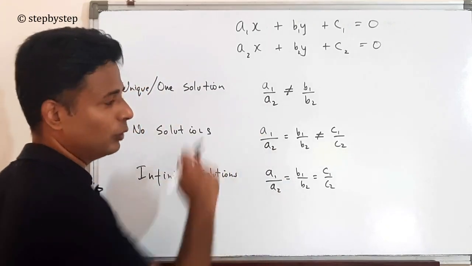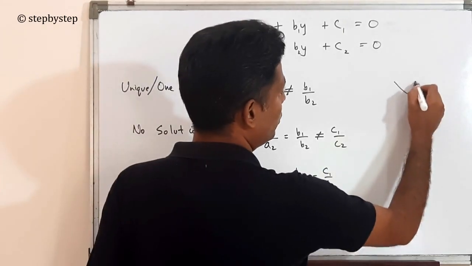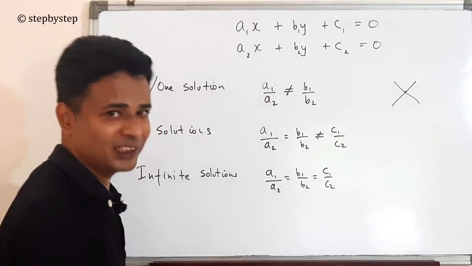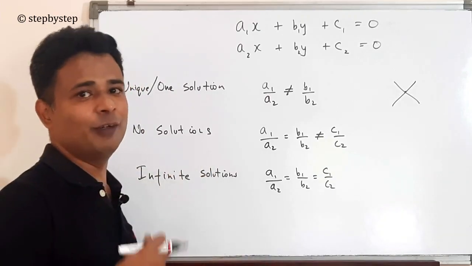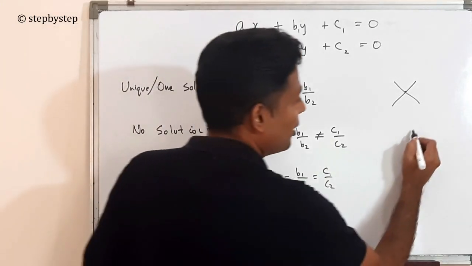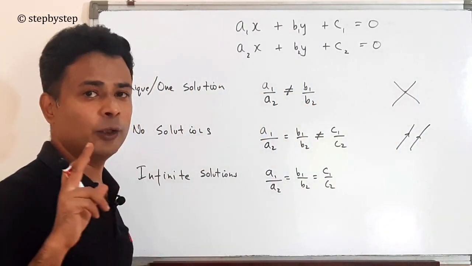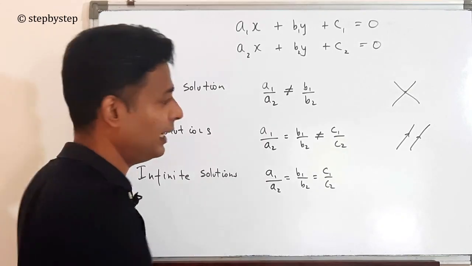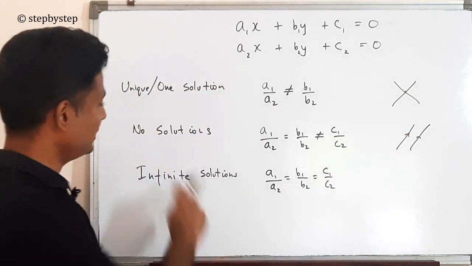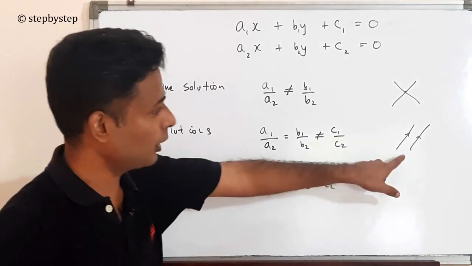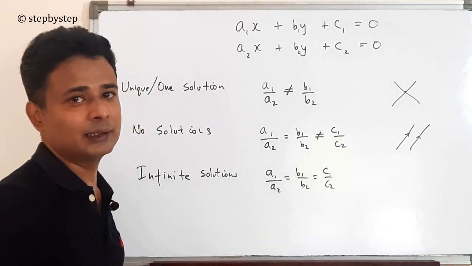So generally when there is a unique solution, when you plot a graph, you will get two lines which intersect, like in the previous modules. No solutions, in which case will two lines have no solutions? When the lines are parallel, because they never meet, right? So they don't have even a single coordinate which is common. It means it has no solutions. So that is for a pair of parallel lines.